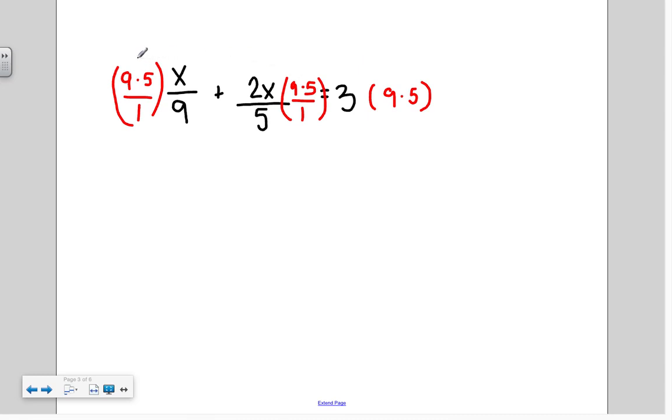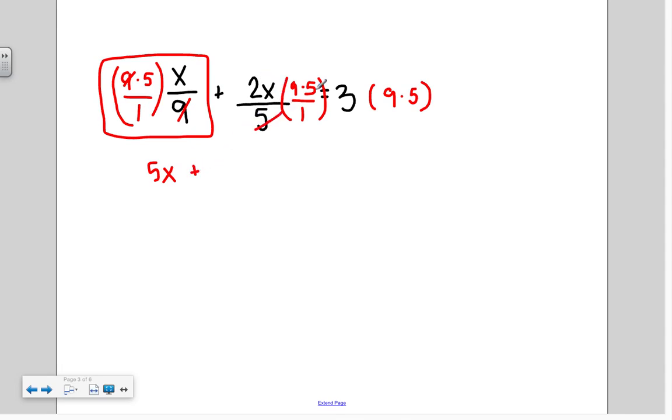Okay. So looking at my first set here, I have 9 on both the top and the bottom, so this becomes 5x over 1, or just 5x.